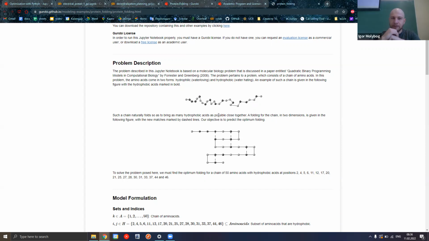So what impacts the folding of a protein, what defines it? It's the number of hydrophobic acids that are close together. The protein achieves its minimum of potential energy when it has as many hydrophobic acids close to one another as possible.